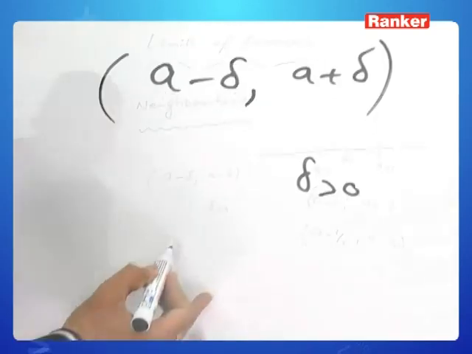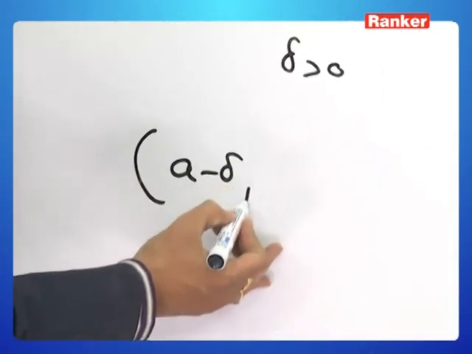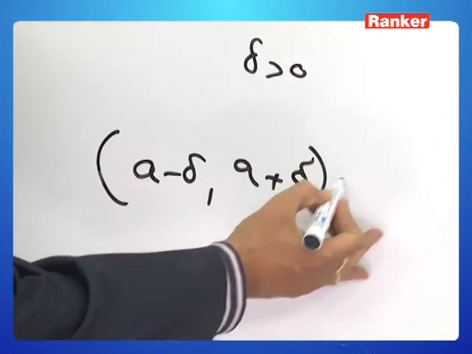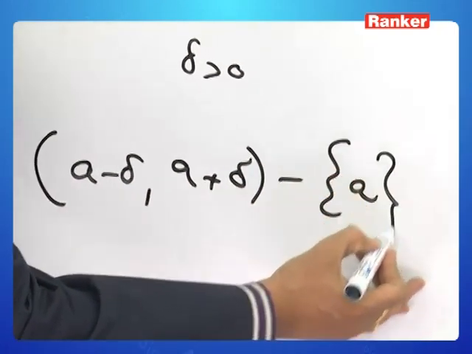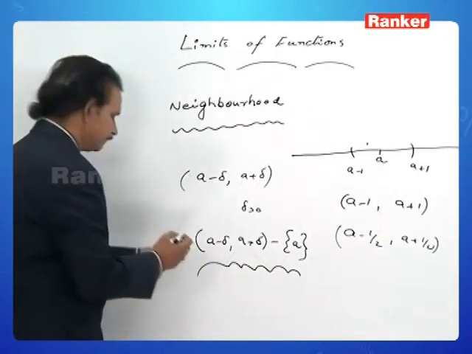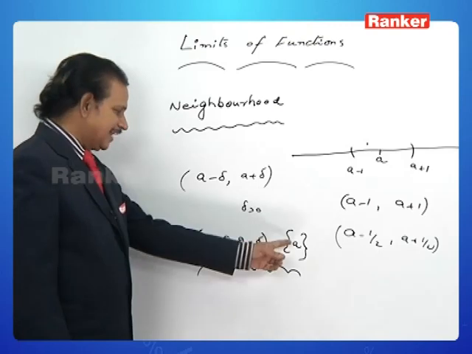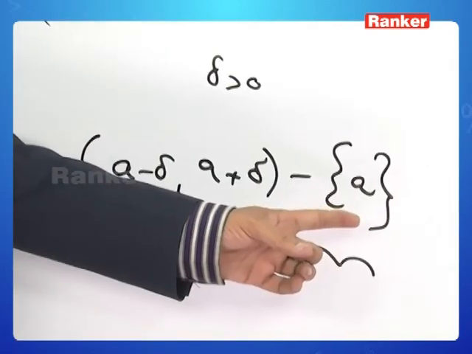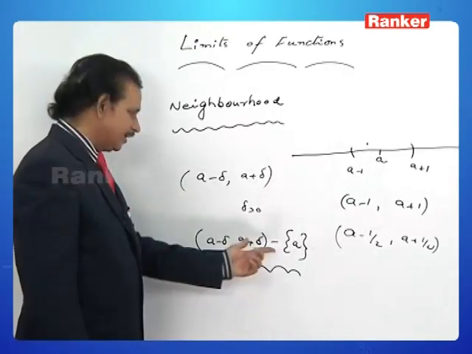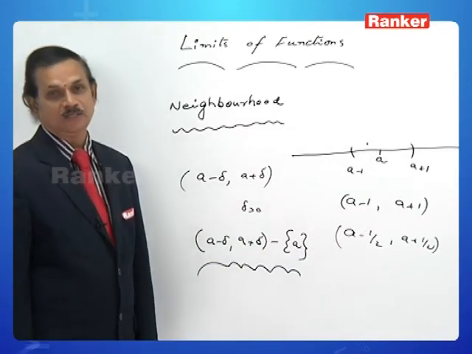Okay, suppose we have deleted, observe this set. The number a or the point a has been deleted from the neighborhood a minus delta to a plus delta.